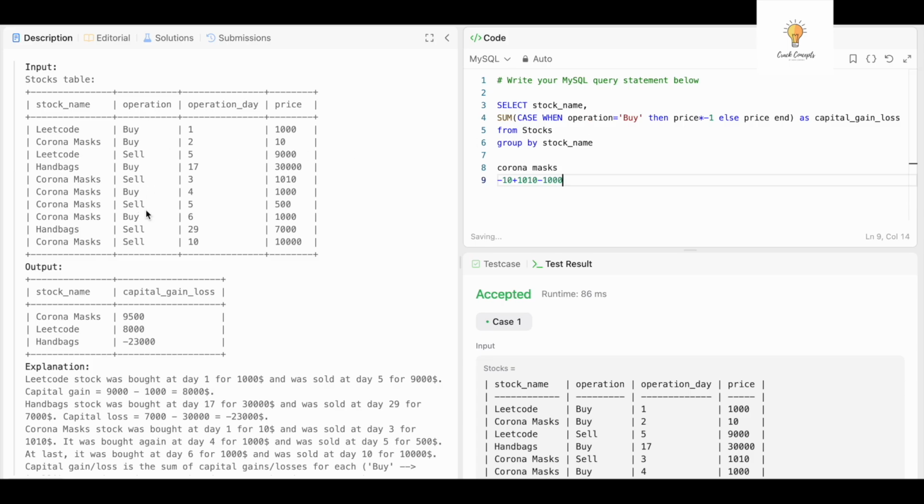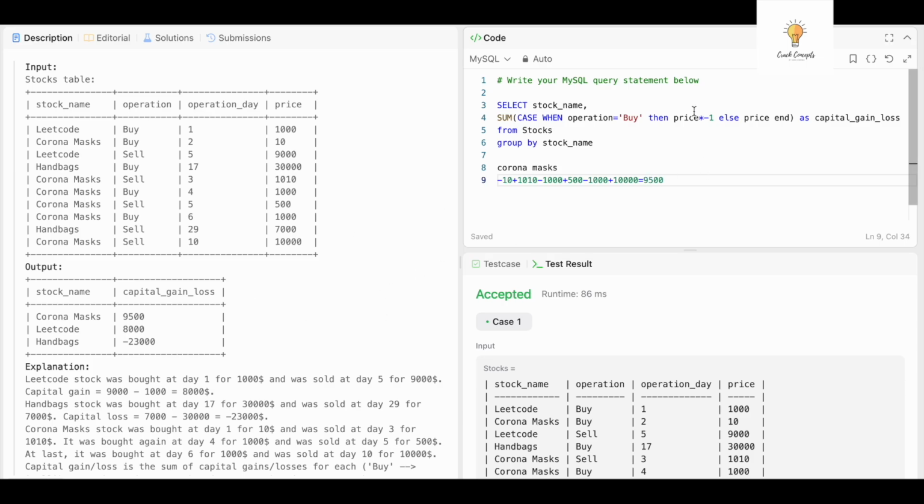Then we have another sell operation which would be plus 500. Again we have a buy operation, so minus 1000. Then we have a sell operation plus 10,000, which would give us 9,500.